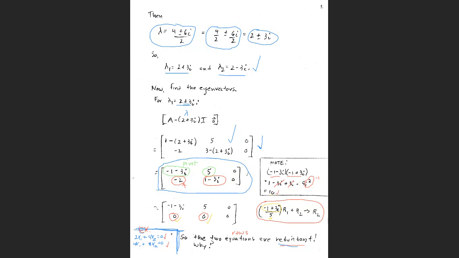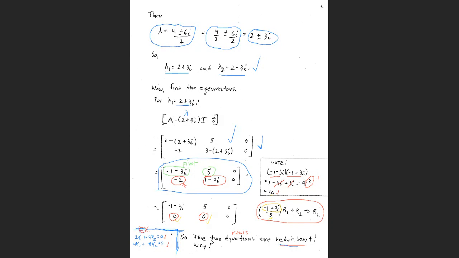And it turns out that when you have complex eigenvalues, and you try to find the eigenvector for a complex eigenvalue, we're talking here about a 2 by 2, you have two equations, but the equations are redundant.